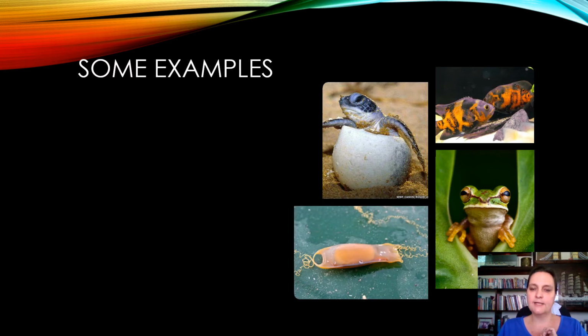Then we have some cartilaginous fish that are also oviparous or egg-laying. So cartilaginous fish include our sharks and our rays and our sawfish. The photograph at the bottom here is showing what is known as a mermaid's purse. It is a shark's egg that is laid. So some cartilaginous fish, namely your sharks and so on, are also oviparous.